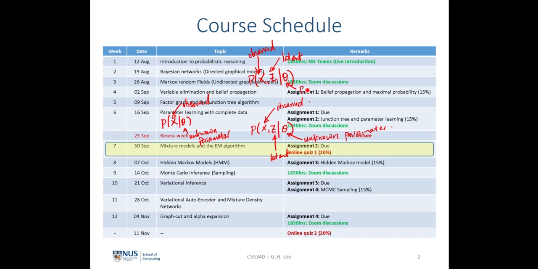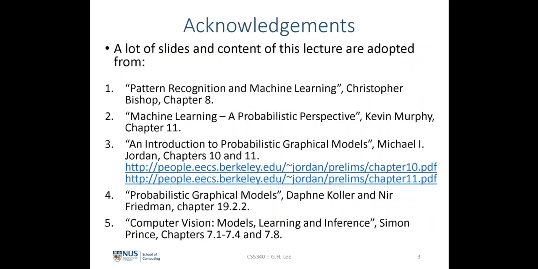In this case, these are a set of known parameters, and we solve for the unknown latent random variables in this joint probability distribution. Today we are going to look at the case where, given a set of observed random variables, we solve for the latent random variables as well as the unknown parameters.